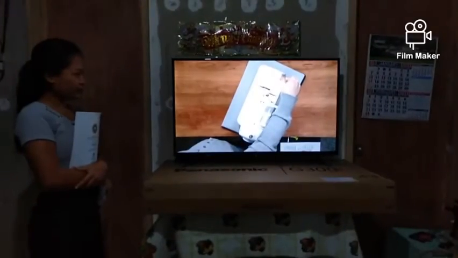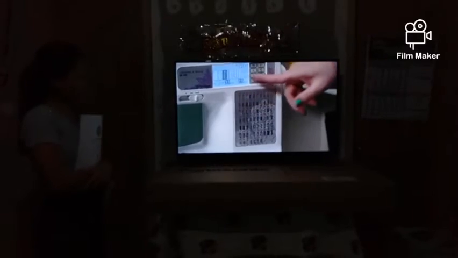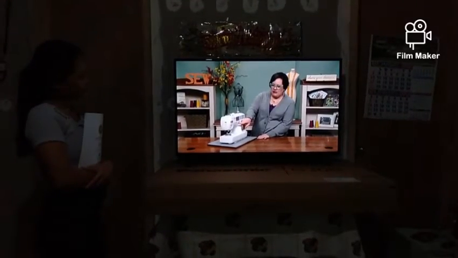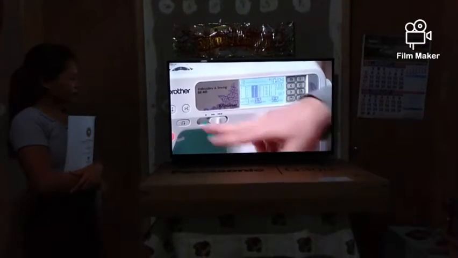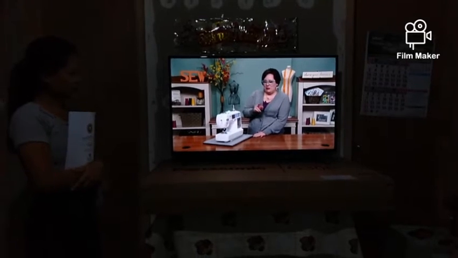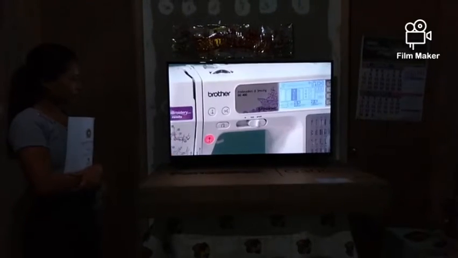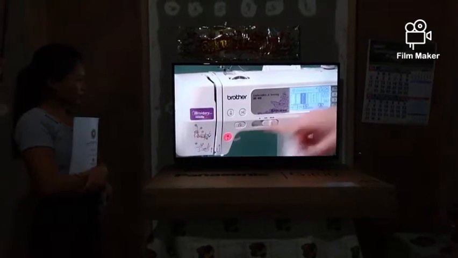You have your cutter on the side. Over here you have your stitch guide, your stitch selector, and the speed of the stitch speed option. My machine has a little fancy scissors icon, which means that it will cut the thread, a needle down position, and then of course the reverse stitching option.